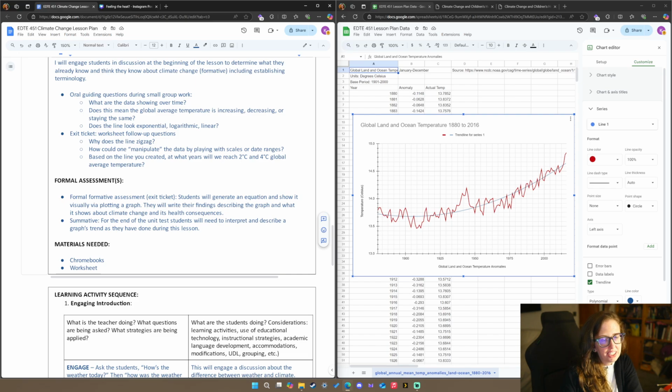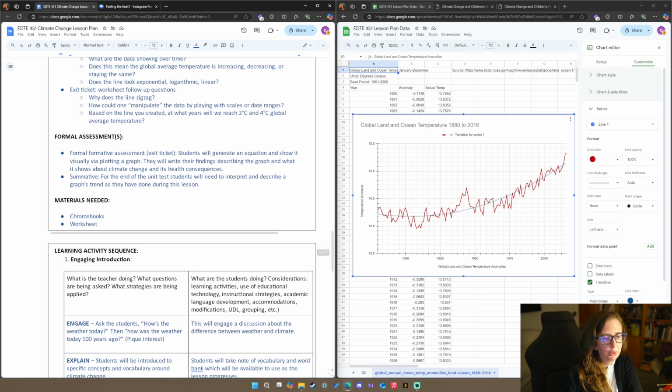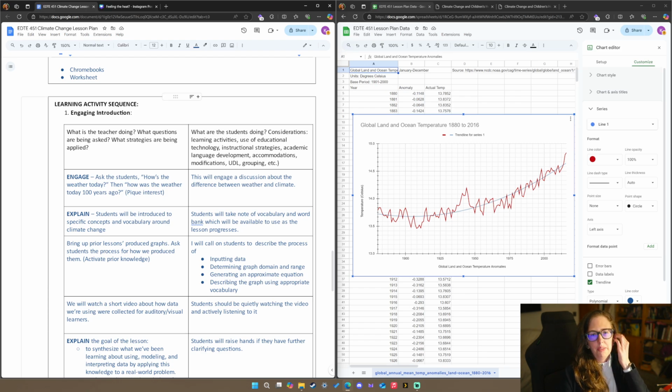Like I said, they are going to need their Chromebooks, and I will have preloaded data on them for the students to use. We're going to have some time at the start of class to discuss the difference between weather and climate.